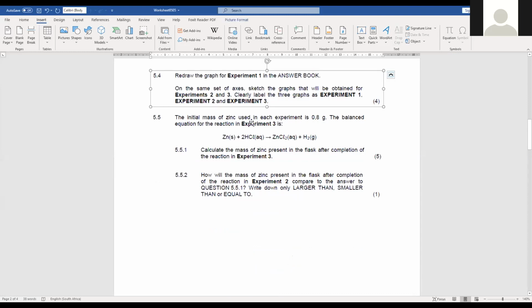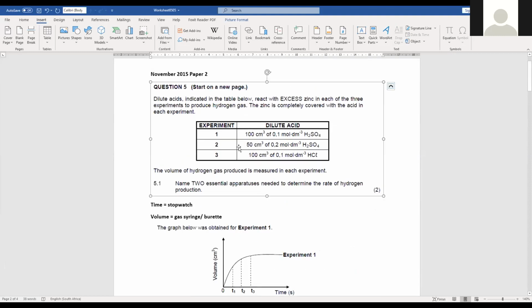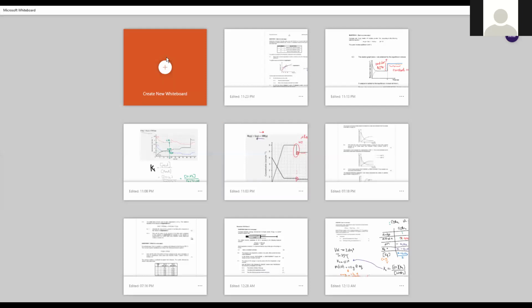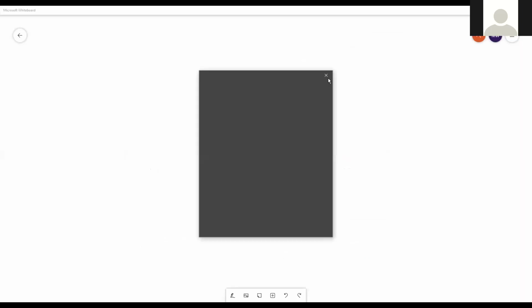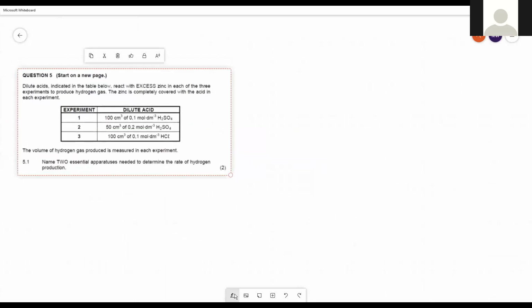Okay, so I am just going to take this and just put it in so that I can draw on it. Okay, so we just need that to see what happens in the experiment.